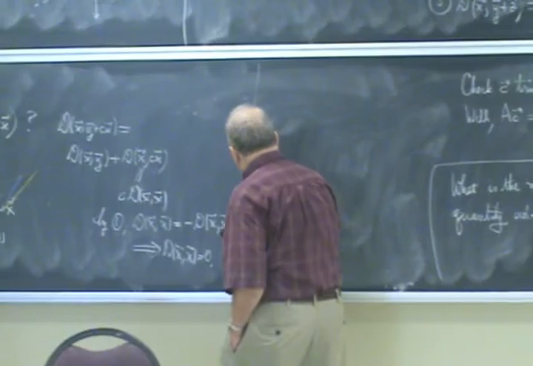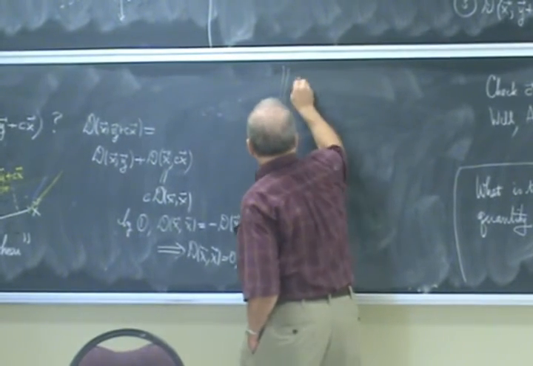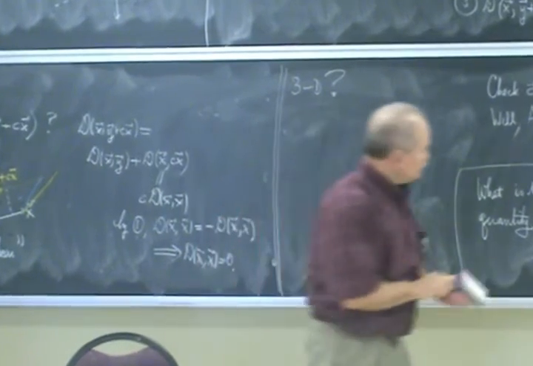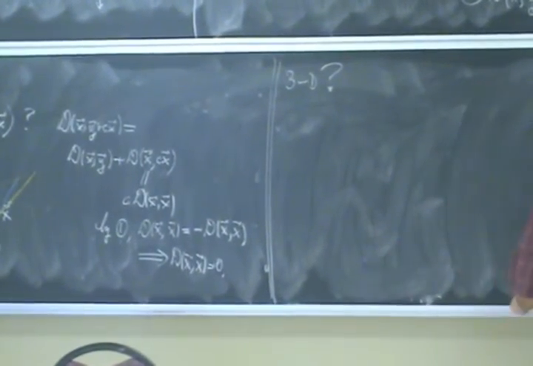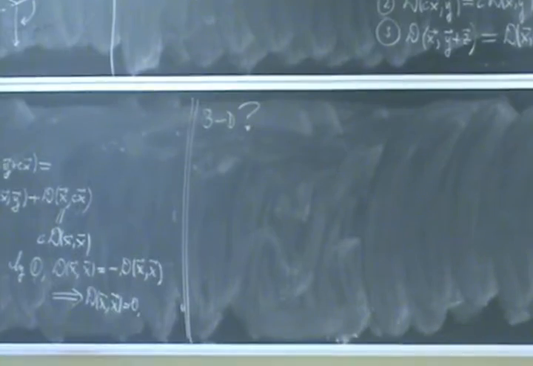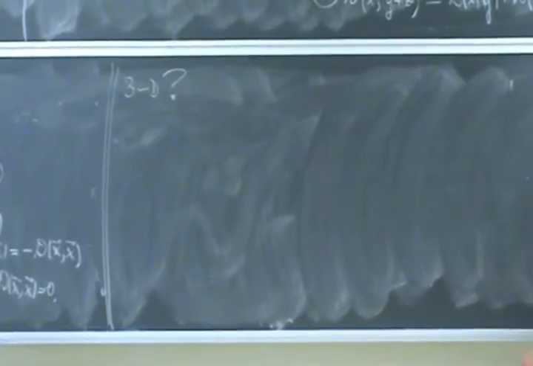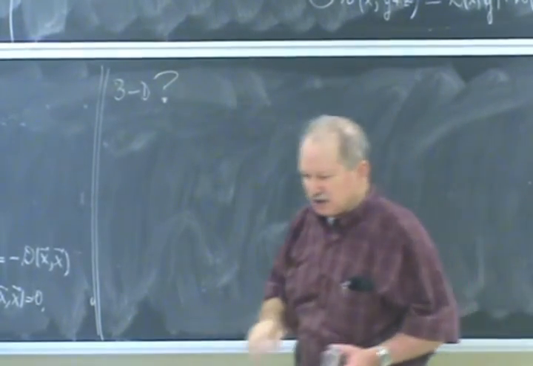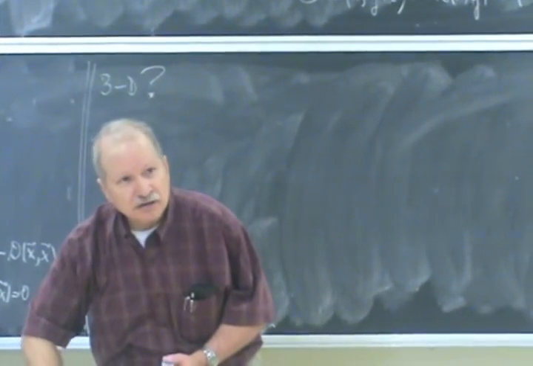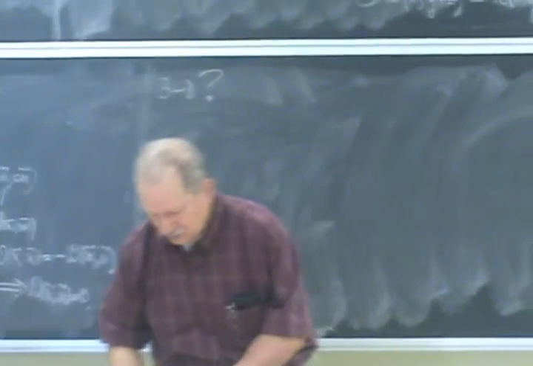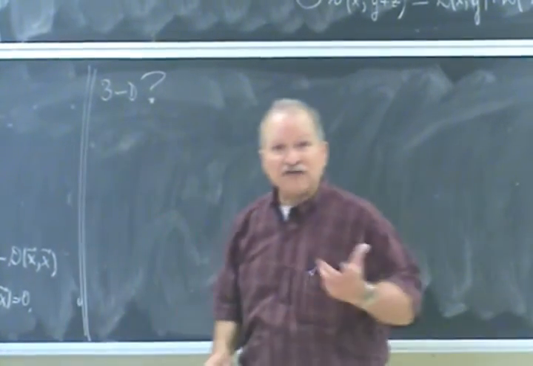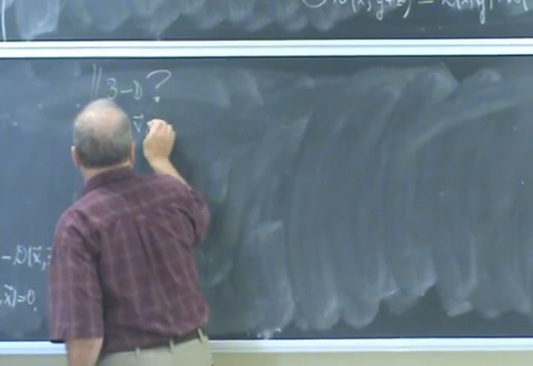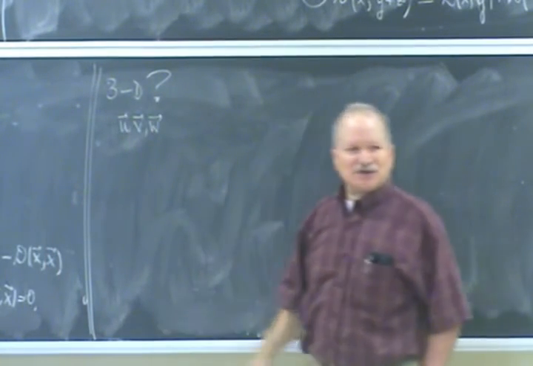So now what can you do in 3 dimensions? Well, what's the natural generalization of what we've been doing to 3 dimensions? You can use a three-dimensional parallelism. So you want 3 vectors, x, y, and z, or u, v, and w, it doesn't much matter.